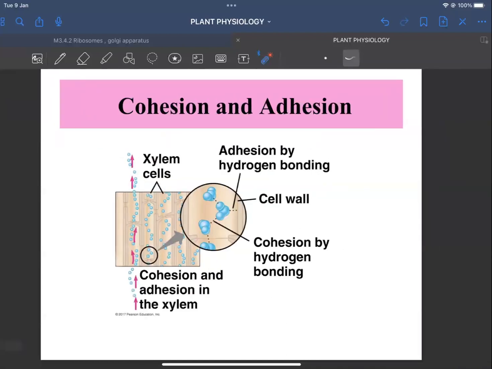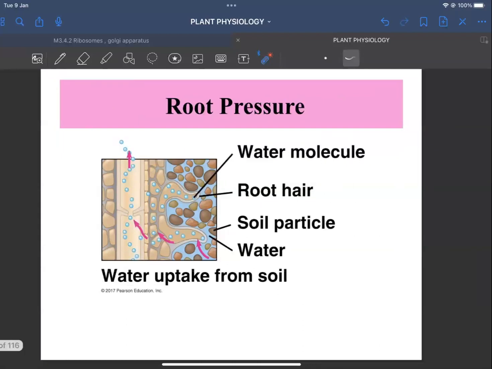The cohesion and adhesion means there's a cohesion force between the water molecules, which is a really strong hydrogen bonding. At the same time, there's also the adhesion force between the water molecules and the cell wall. And the root pressure also plays a major role in the transpiration process.